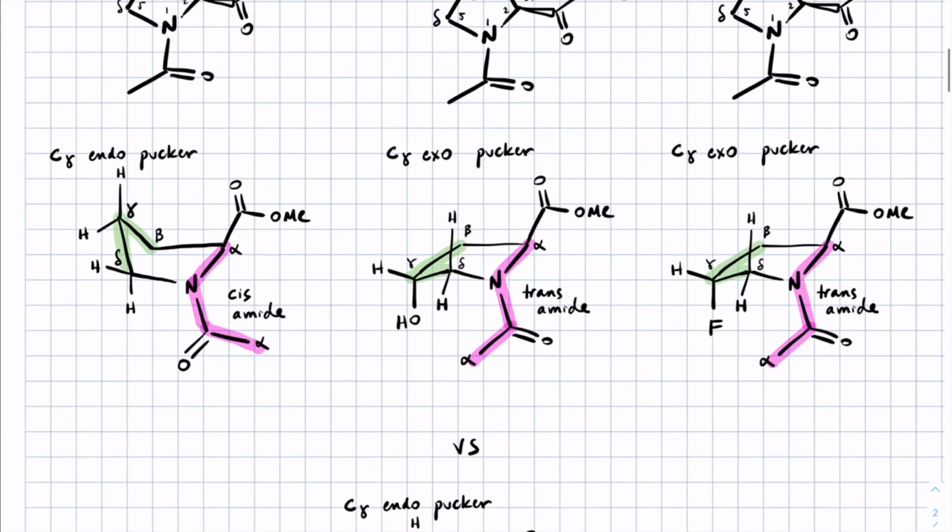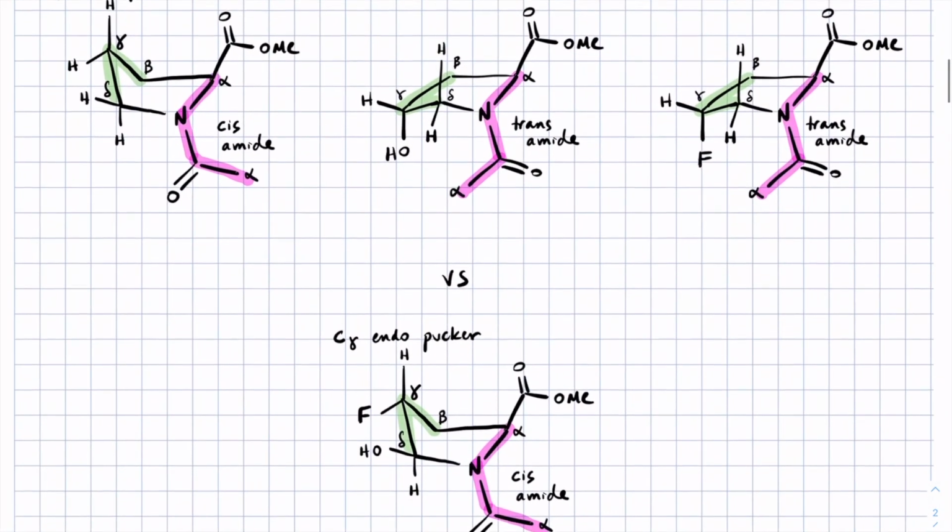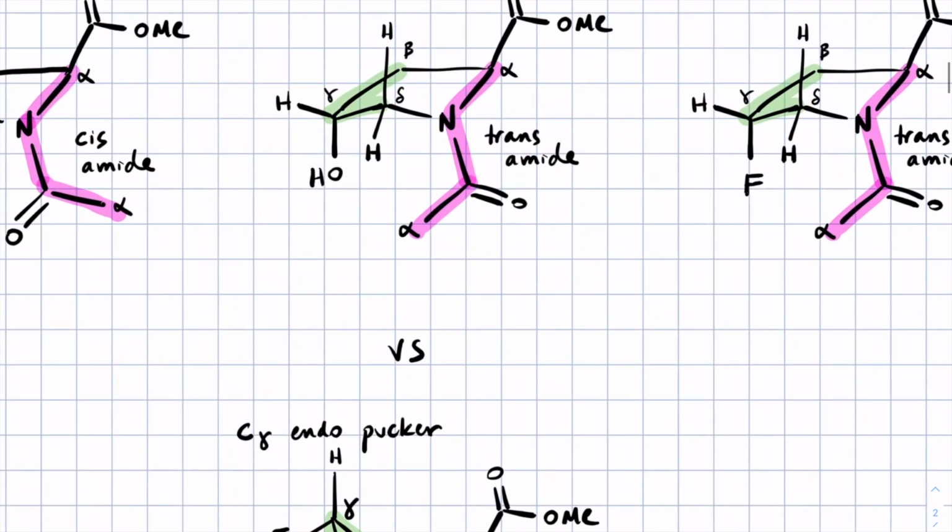But I want to point out, if we just look at the hydroxyproline, let's put ourselves, this is going to be weird, in back of the C-gamma carbon, and we're going to be looking down the bond between C-gamma and C-delta.